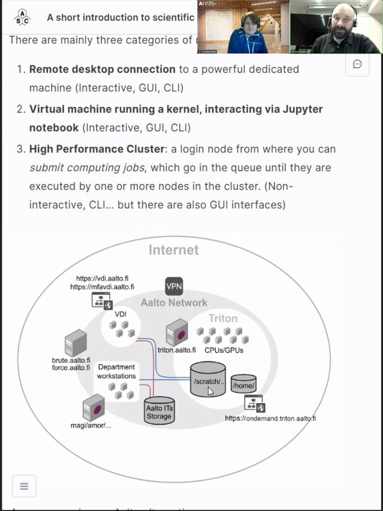Let's say you have Aalto Windows, you can mount Scratch so that you see it with all the other drive letters that you have there, and from there you can copy files out. So there are multiple ways of getting data in and out of the Scratch file system, and we will show a bit of those. But yes, that's a very important question that we often get.